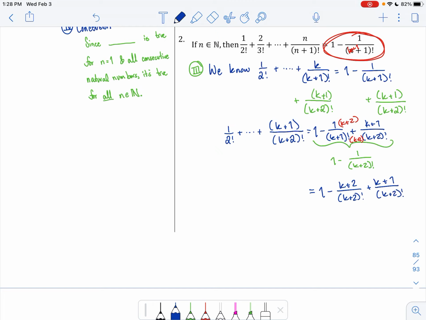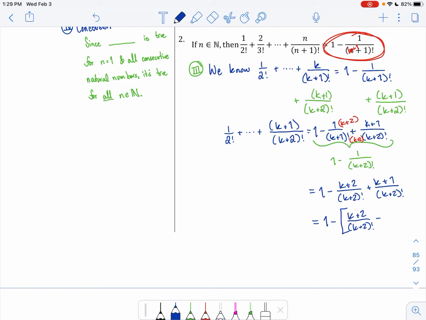Now we have a common denominator, so we can combine like terms. One really important thing here is that we've got this subtraction, and we want to keep subtraction there.